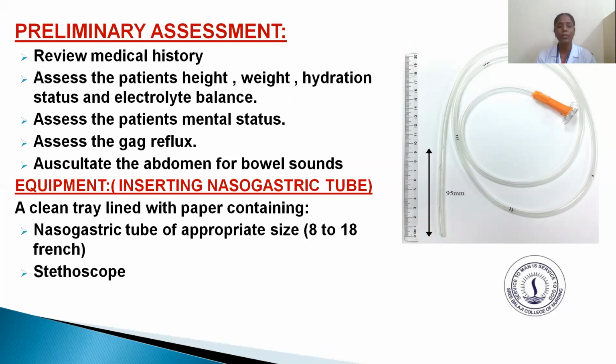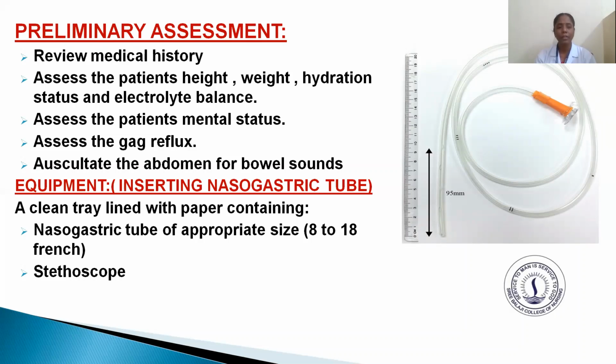Then assess the patient's mental status. Those who are mentally retarded patients are contraindicated, so it is difficult to apply the NG tube to those patients. Those things you can also assess. Assess the gag reflexes.